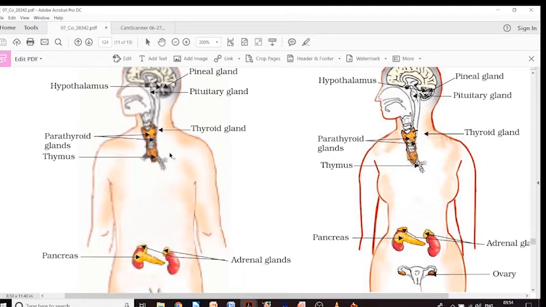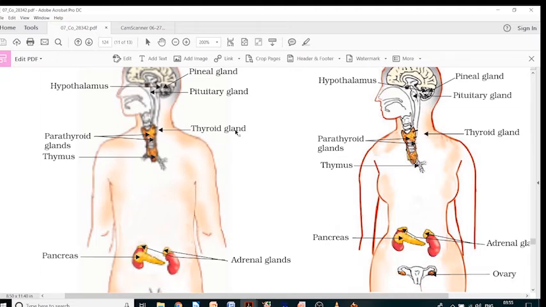Sometimes overproduction of hormones is also related to some diseases. So hormones must be secreted in a controlled manner. Overproduction or underproduction, both are very bad for our body. Take the example of the thyroid gland.